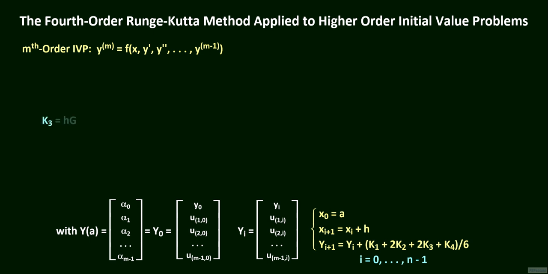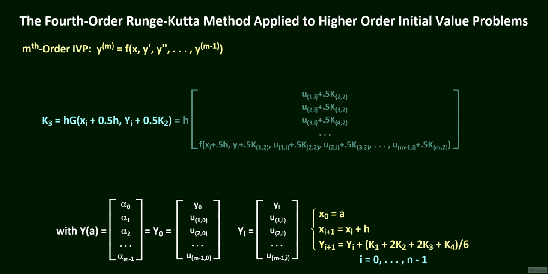K sub 3 equals h times g applied to x sub I plus 0.5h and to y sub I plus 0.5 k sub 2. The viewer can check as an exercise that k sub 3 is equal to this vector. We set k sub 3 equal to the vector k sub 1 3, k sub 2 3, etc., all the way down to k sub m 3.